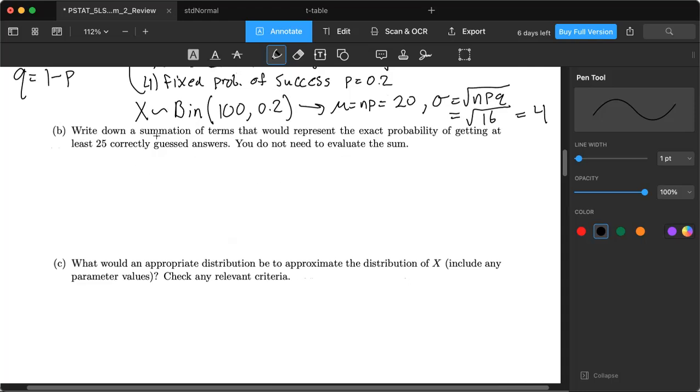So now part B, write down the summation of terms that would represent the exact probability of getting at least 25 correctly guessed answers. I do not need to evaluate the sum.